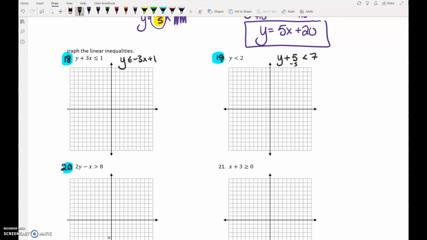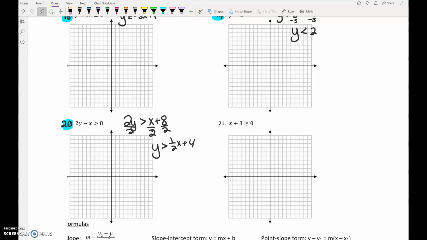So you'd have to subtract 5 on both sides to make it look like what's ready to graph. This one, you would have to add x to both sides, and then divide everything by 2. So just keep in mind before you graph the inequality, you're going to have to do something to get it ready.